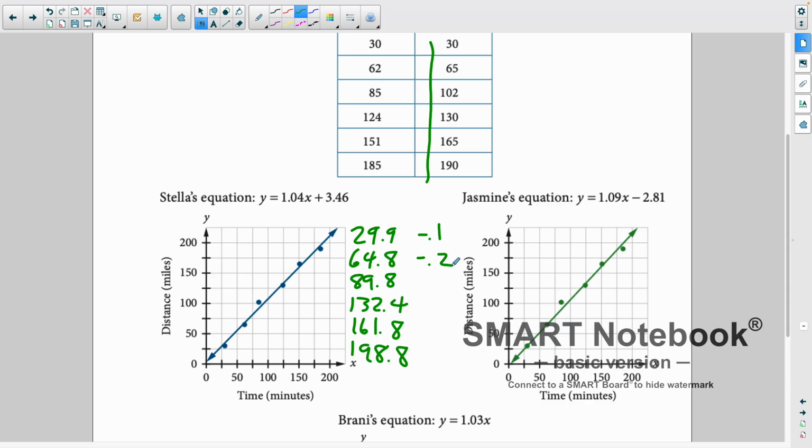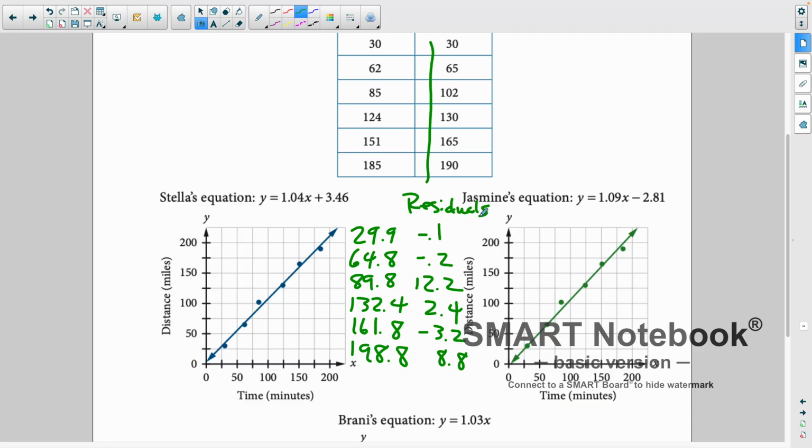Am I doing that one right? Yeah, I think that's correct. 12.2. If I do 132.4 minus that, I get 2.4. If I do 161.8 minus that, I get negative 3.2. And then this would be 8.8. Okay? These are my residuals that I just found.